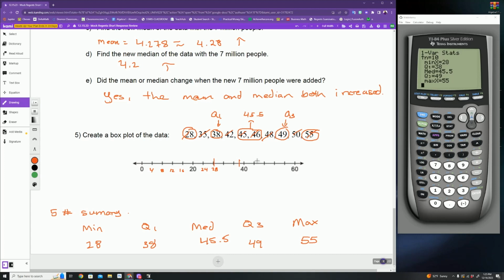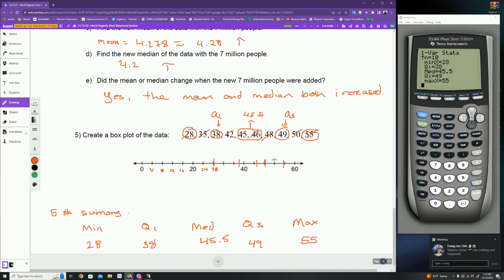So it's going to be somewhere in between, probably closer to 44, right about here. Our third quartile is 49. So this is 44, this is 48, so 49 is going to be right here. And our maximum is 55, which is going to be a little below this one right here.